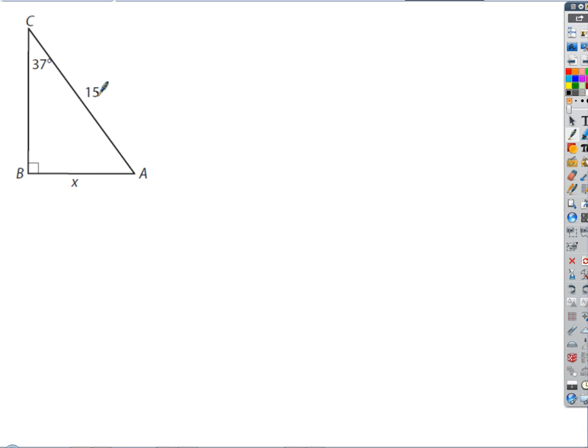Which one is that? Sine, because it'd be opposite and hypotenuse. Okay, so then the sine of 37 degrees equals x over 15.